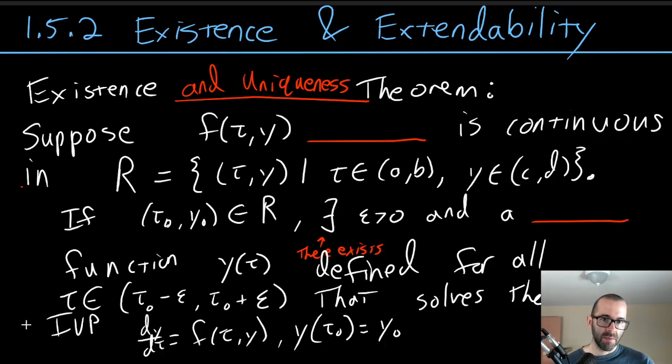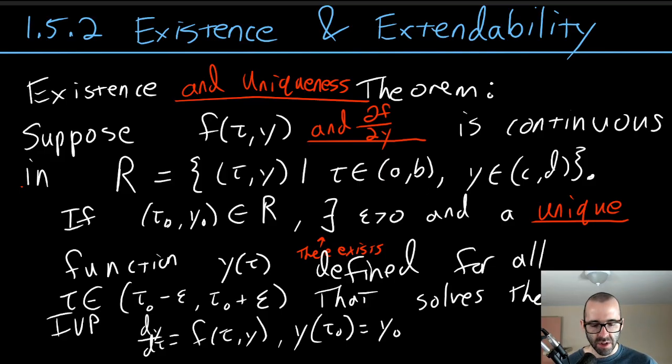So if we have one extra condition, then the conclusion is that we have a unique function. That's all. There's only one thing that we need. And all that is that the partial derivative of this function with respect to y is also continuous.